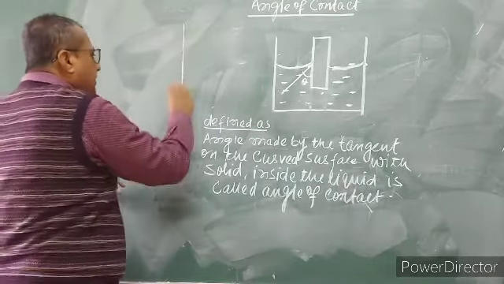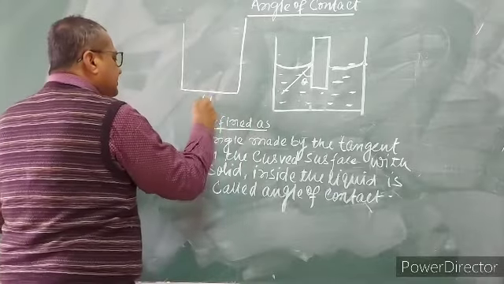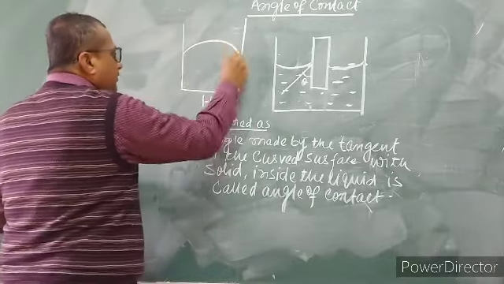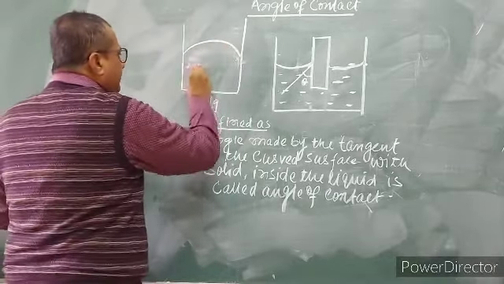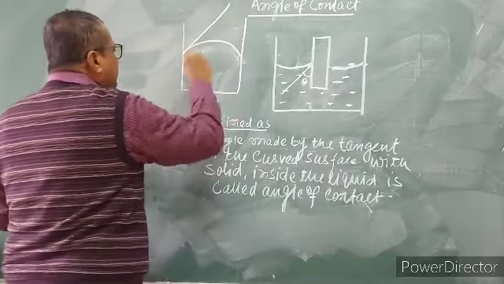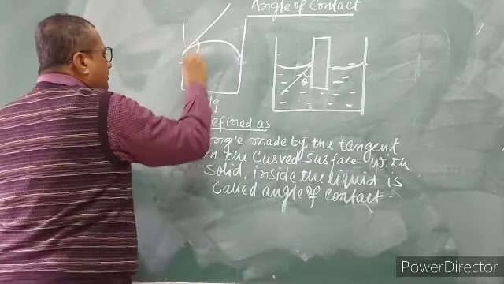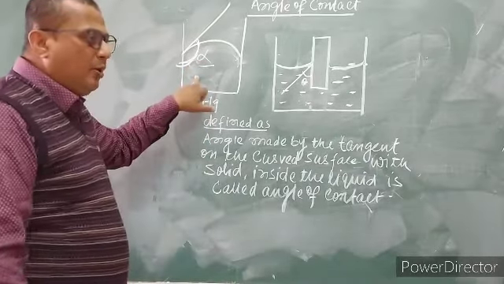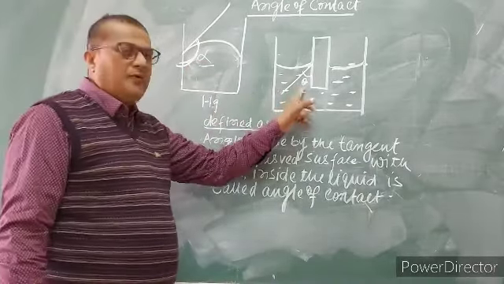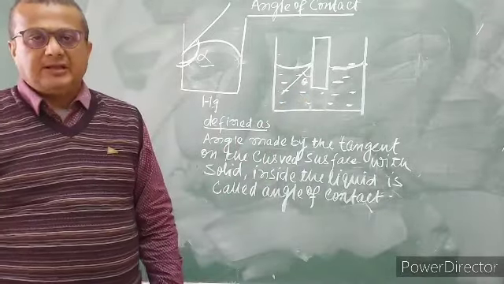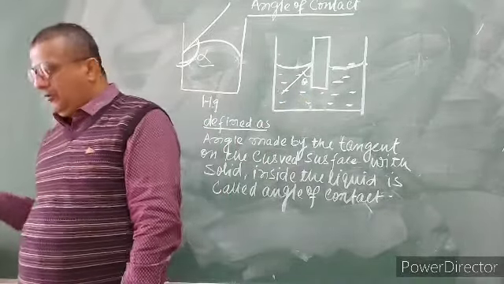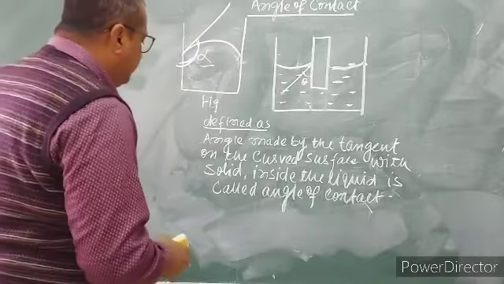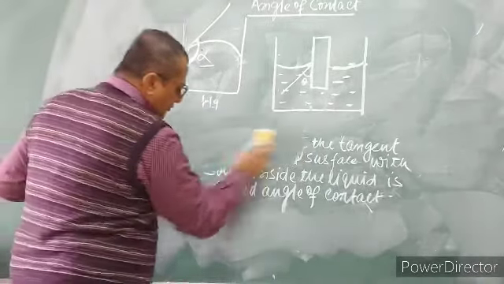When you take mercury here, Hg, it is formed like that. When we draw the tangent, this angle is obtuse. So for mercury it will be obtuse, and for water it will be acute. I think that's clear?